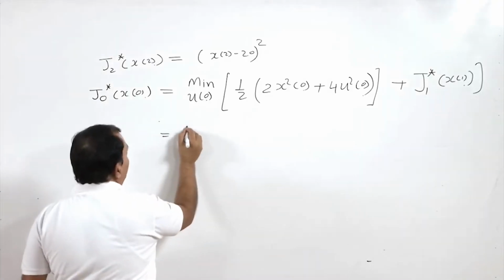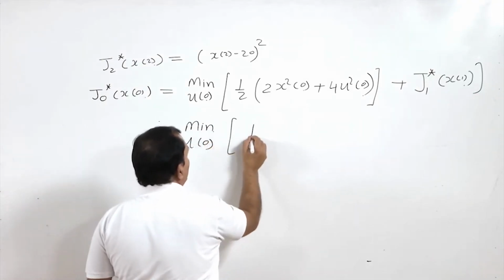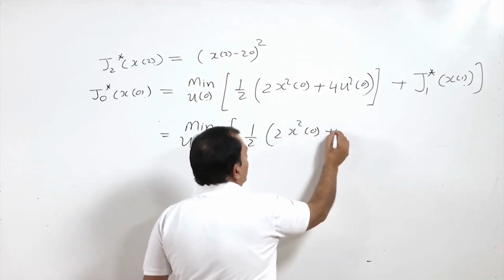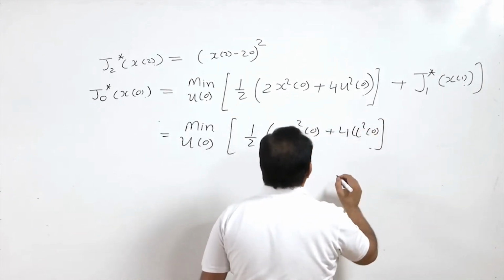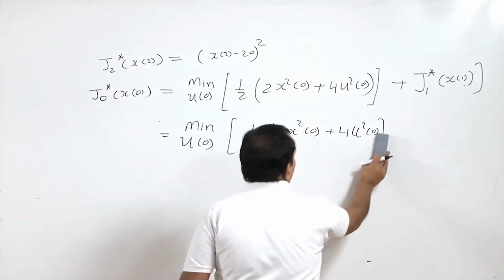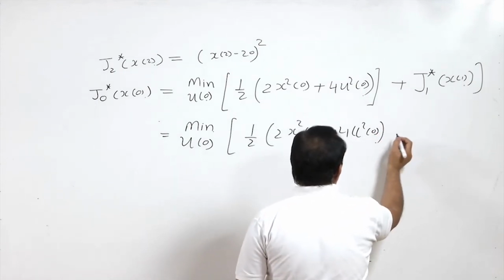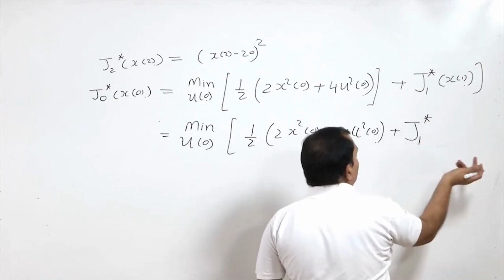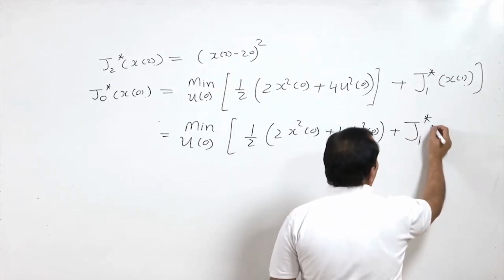So, I can write this as the minimum over u0 of 1 by 2, 2 x0 square plus 4 u0 square, plus, like we have seen here, the value of u1 we are placing in terms of J1 star.